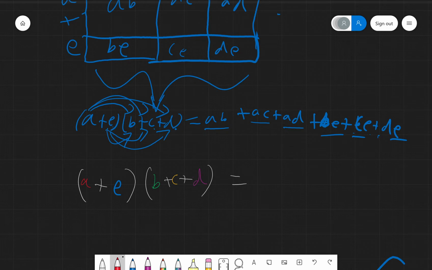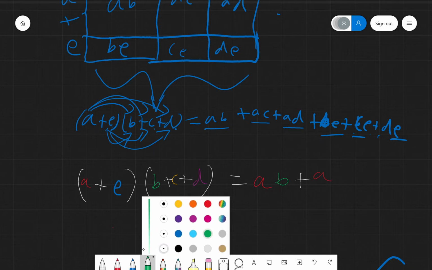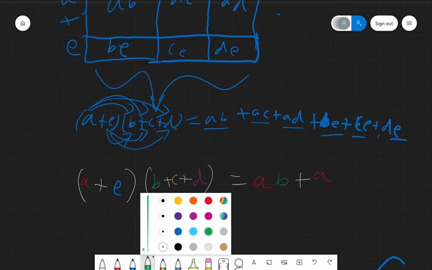Now we expand it. We get AB plus AC, so tedious. Okay. Where's the yellow?